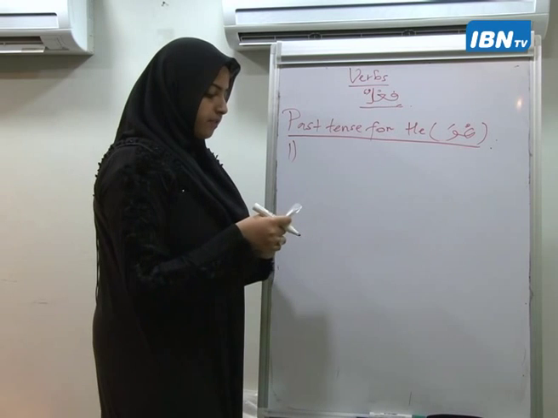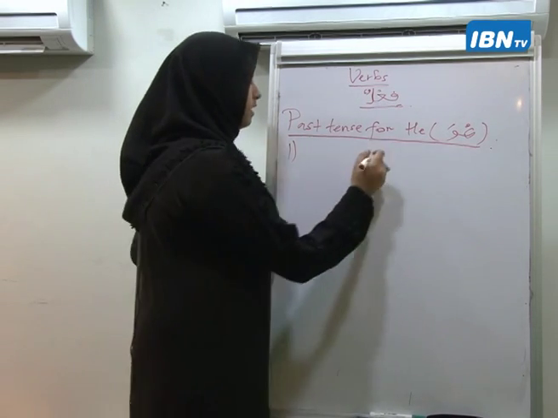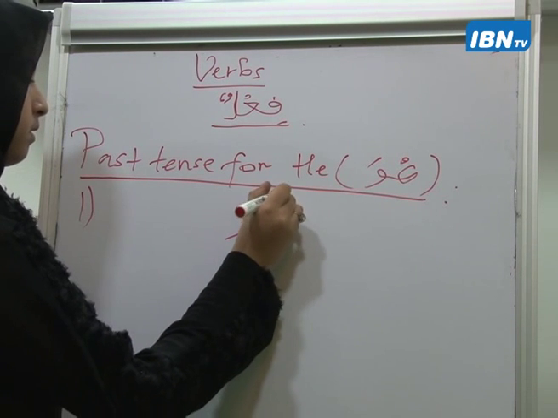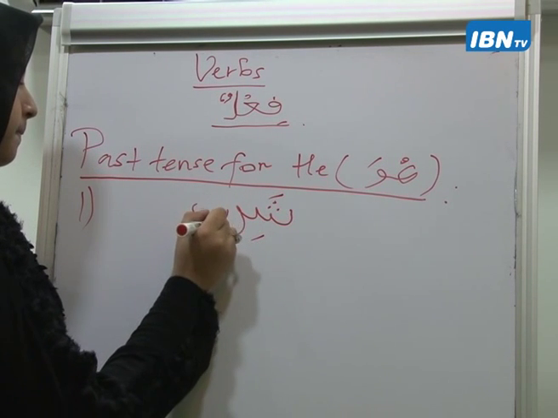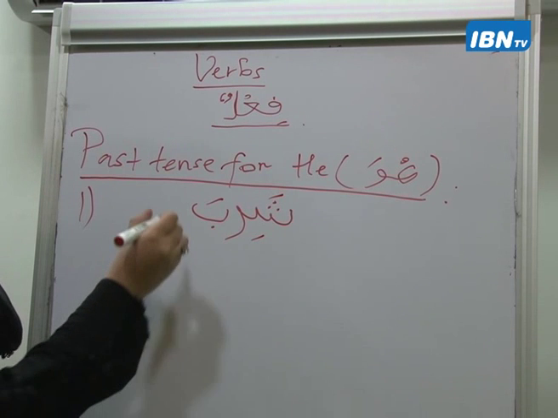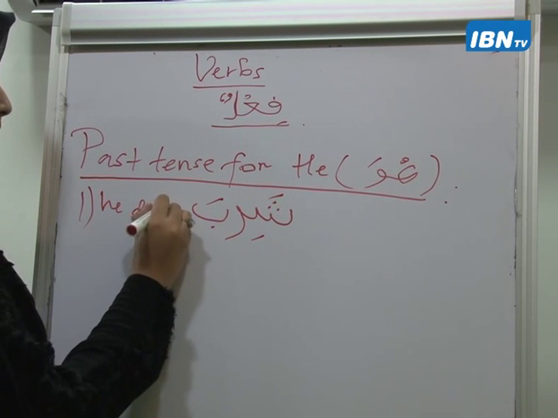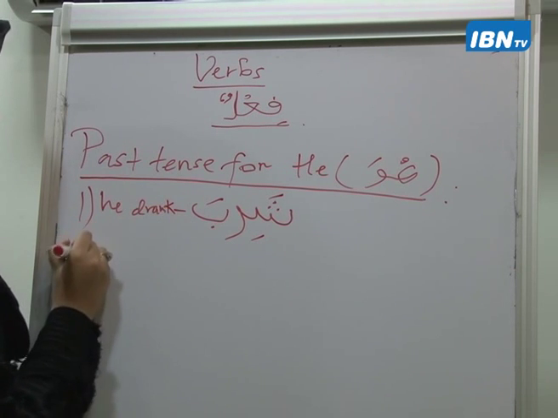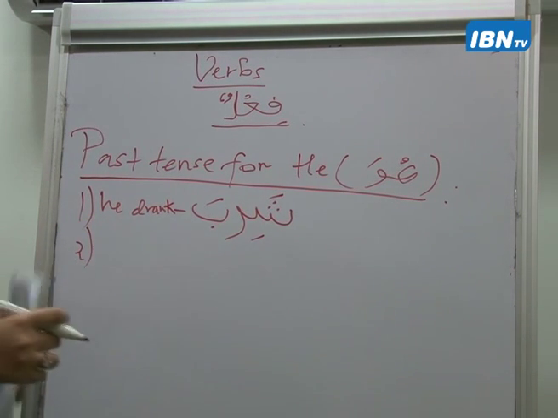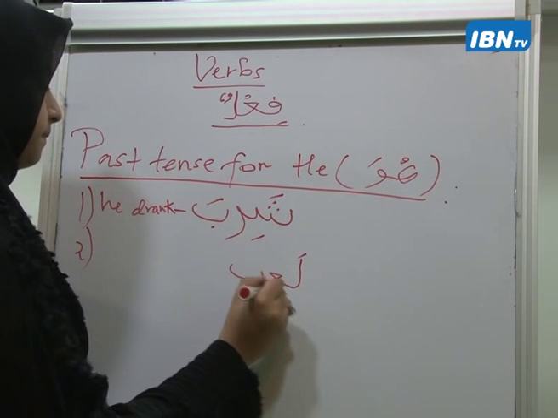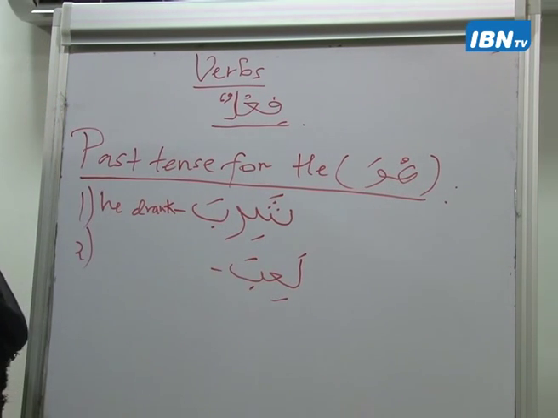Right. So the first verb we have is shariba. Shariba means he drank. Okay, then we have lariba. Lariba means he played.